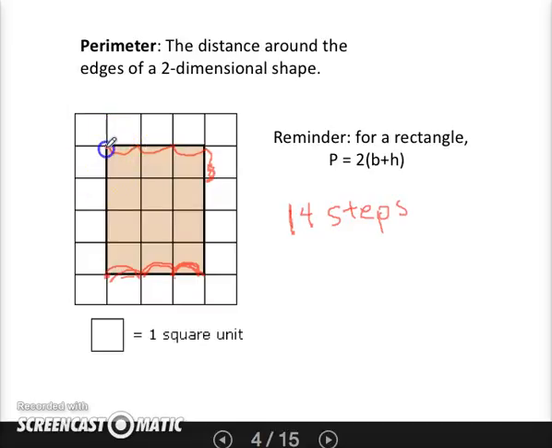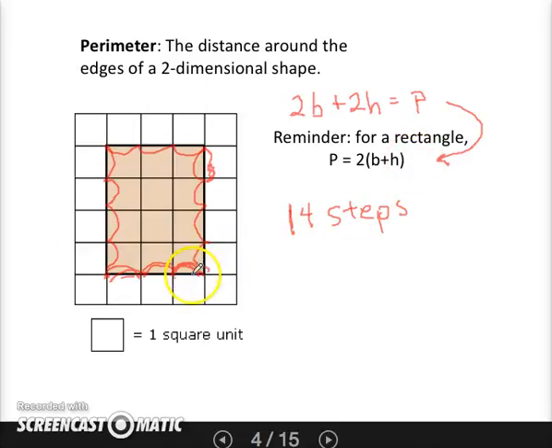We're also counting the number of steps along the height 2 times. So we have basically 2 times the base length plus 2 times the height is the perimeter. And that's where we get this formula. What we've done here is just factored out a 2, and you have the perimeter is 2 times the quantity, base plus height.